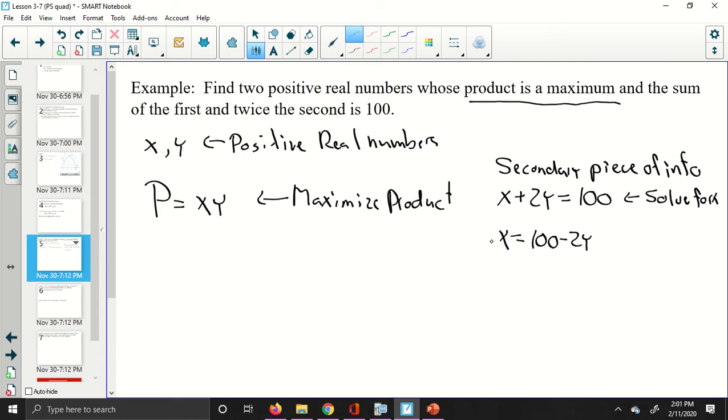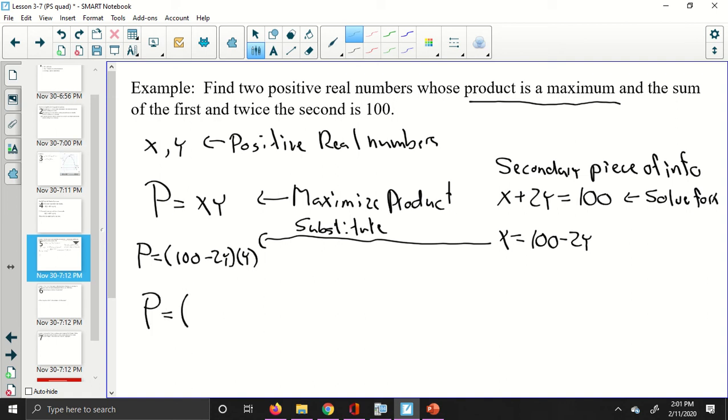And so now I'm going to take this and do a substitution. And so I'll get P, and then P is equal to 100 minus 2y times y. And when I multiply that out, I get P equals 100y minus 2y squared.